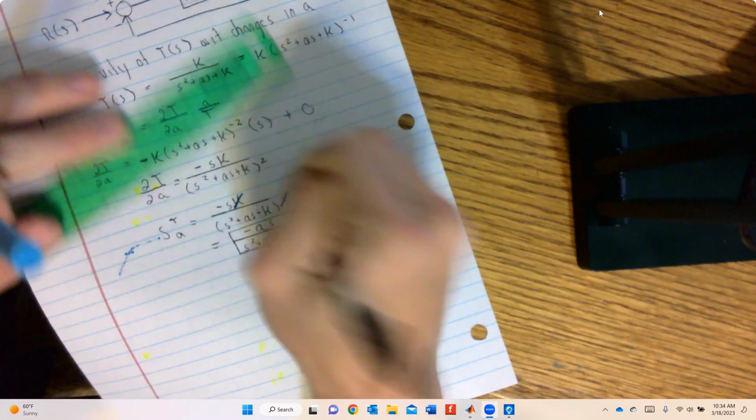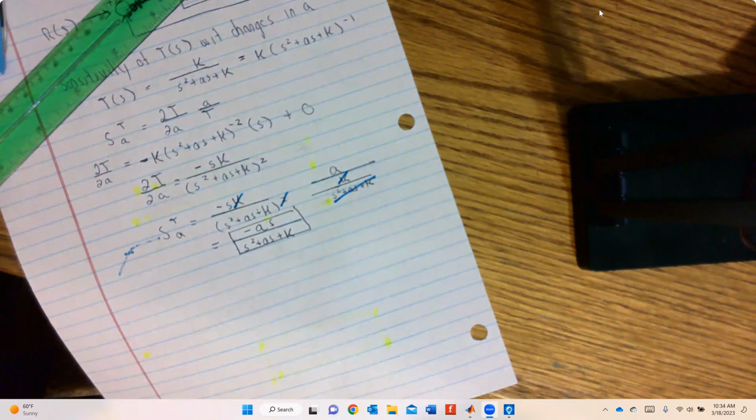Good job. That's pretty much how you find the sensitivity with respect to one parameter.